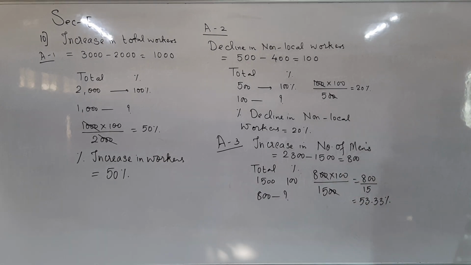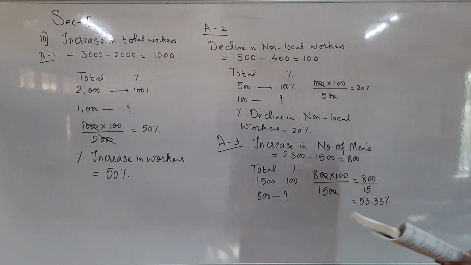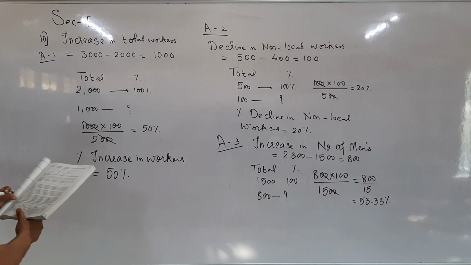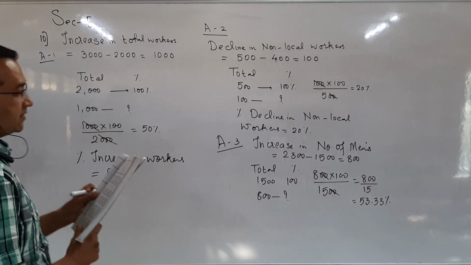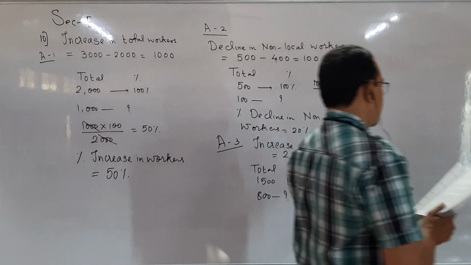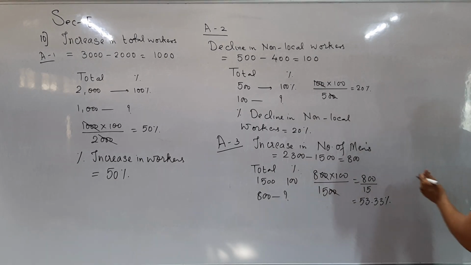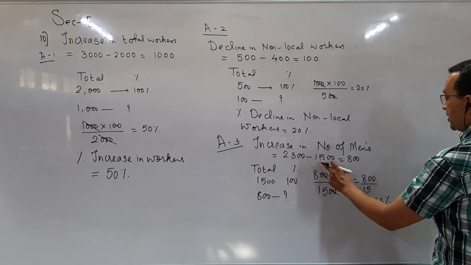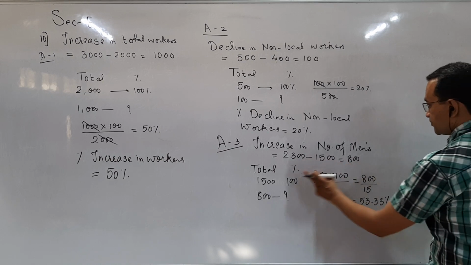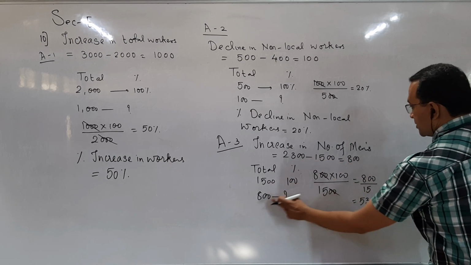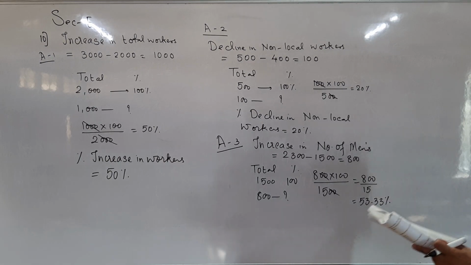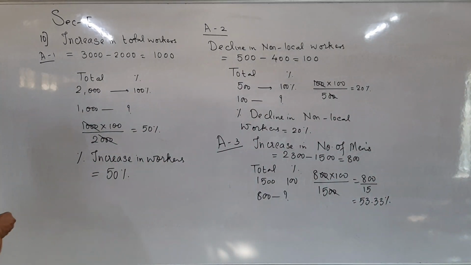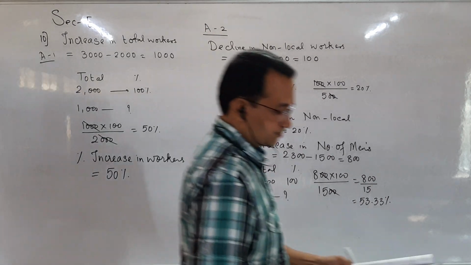53.33%. And same way for women also you can find, 500 and 700, so it is 700 minus 500, 200. 500 is 100%, 200 is how much? It will be 40%. That much I am leaving for you to complete on your own.